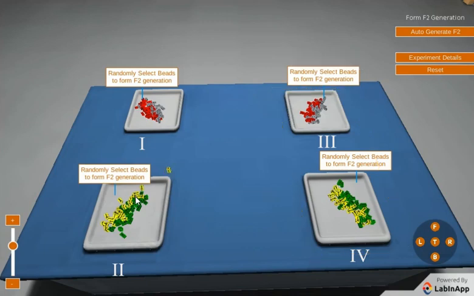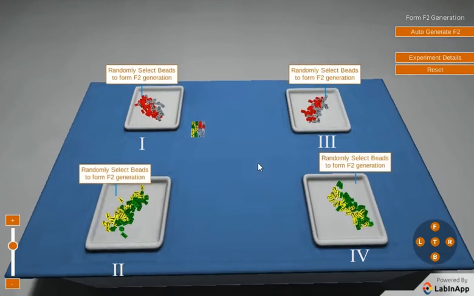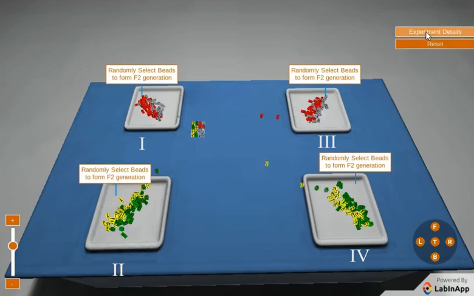In order to raise the F2 generation, pick up randomly 1 bead from beaker 1 of female and 1 bead from beaker 3 of male. Similarly, pick up 1 bead each from beaker 2 of female and beaker 4 of male, to put all 4 together to represent the F2 individual.